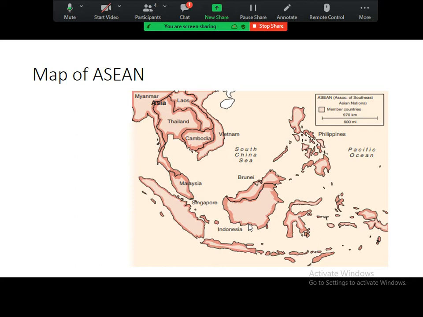When the roster expanded again to include Australia, New Zealand, and India, it was dubbed ASEAN plus six. The latter is working toward the establishment of an East Asian community, with the first step being the establishment of an East Asian Free Trade Area.